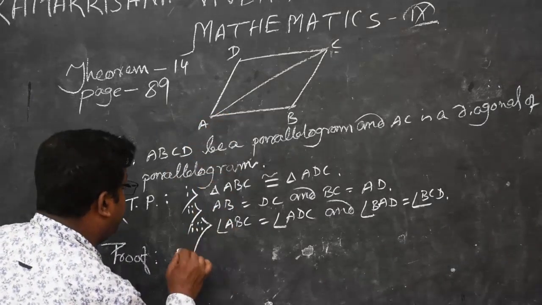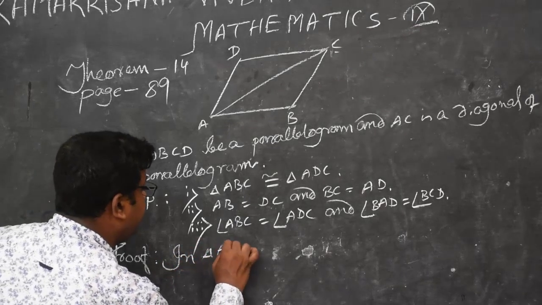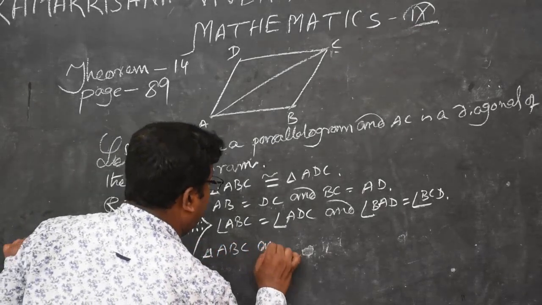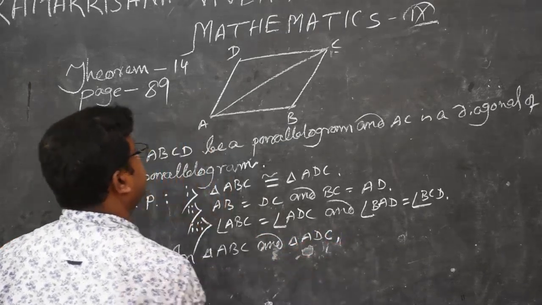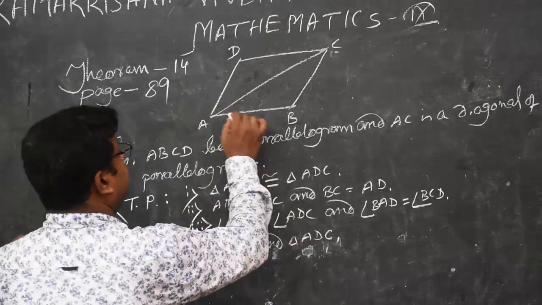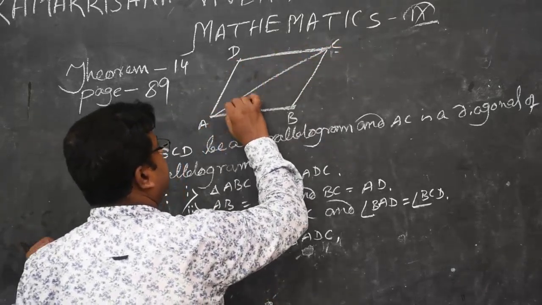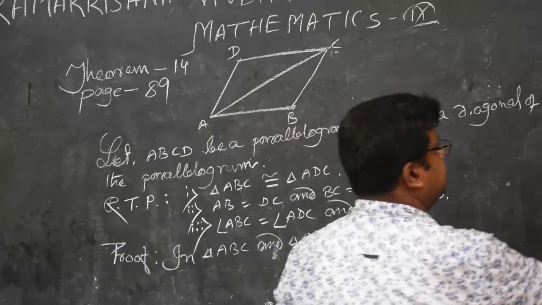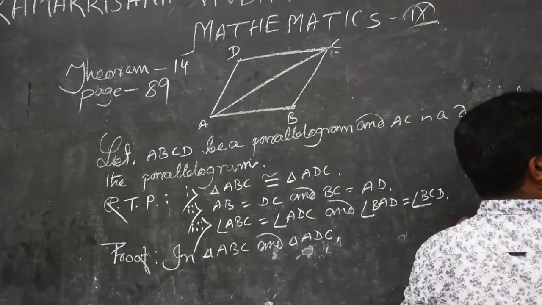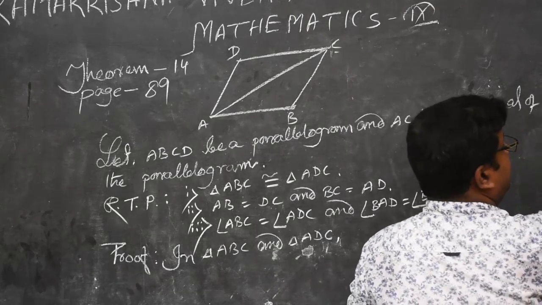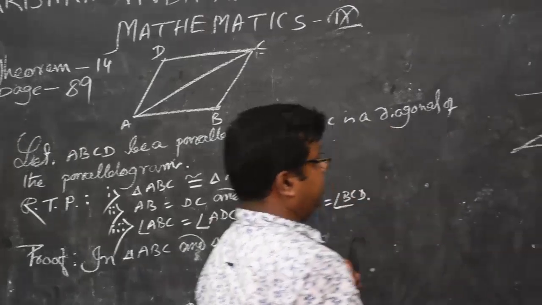In triangle ABC and triangle ADC. Look at here, these two sides are parallel and it is the transversal. You know, if two lines are parallel and any transversal cuts them at 2 points, then two alternate angles are formed. Here, if the lines are parallel, then the alternate angles will be equal.